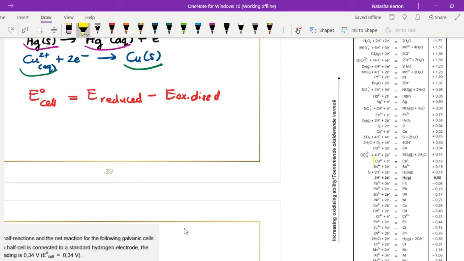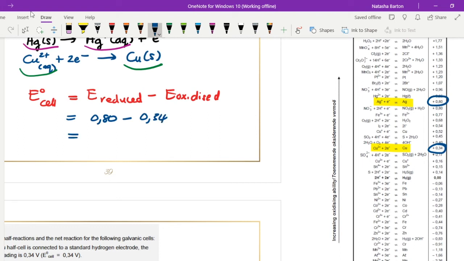So here is my copper 2 plus. Nope, incorrect one. Here is the copper 2 plus. And then silver. So let's go and look for silver. Here is silver over here. Okay, so remember we take the reduced substance, that is 0,80, minus the oxidized, that is a positive 0,34.